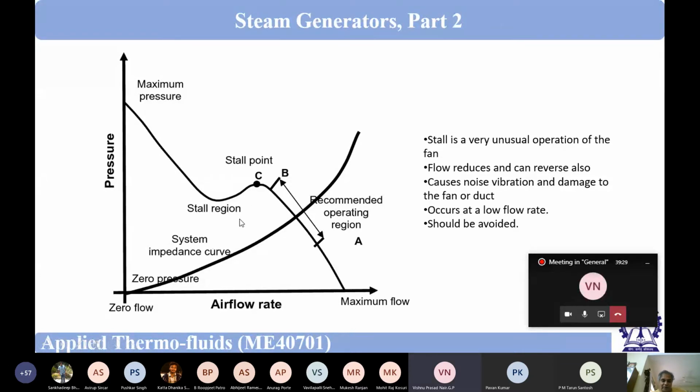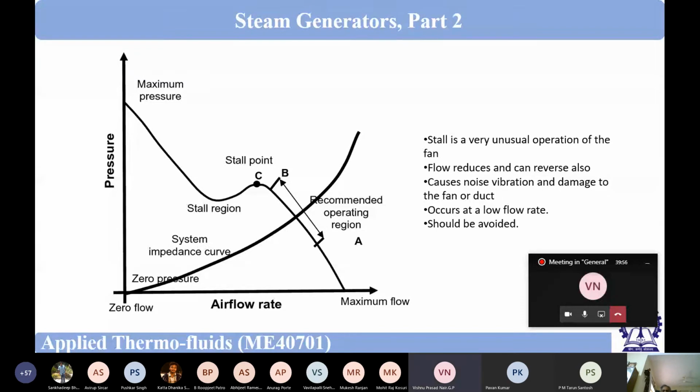So that is during operation, but when the fan starts up, the pressure and airflow rate point will follow the fan curve, right? Yeah. Then it will have to pass through the stall region to go further. No, and if at all it has to pass, it is for a very small period of time. It will not affect.